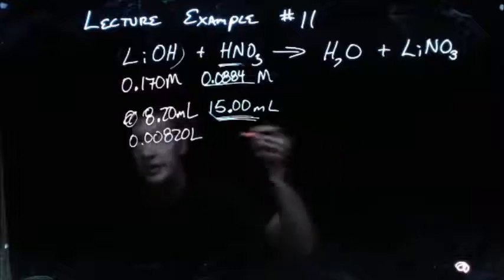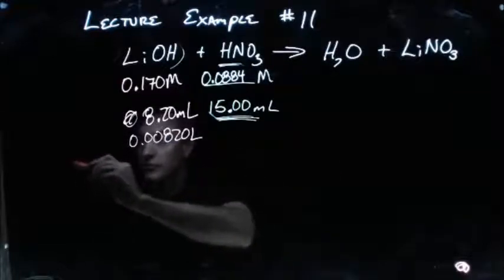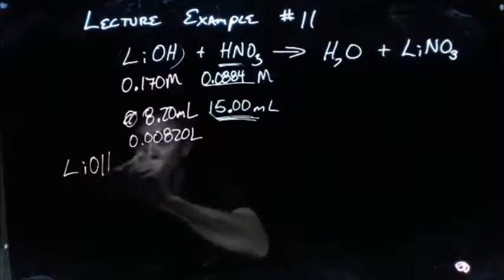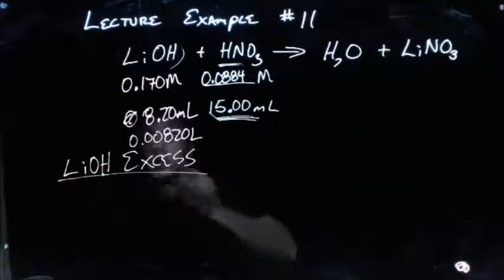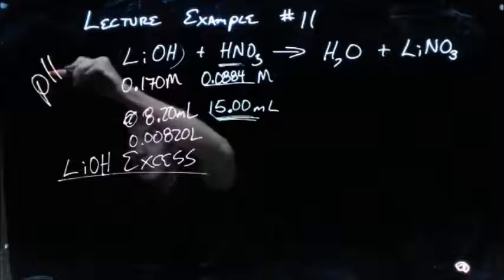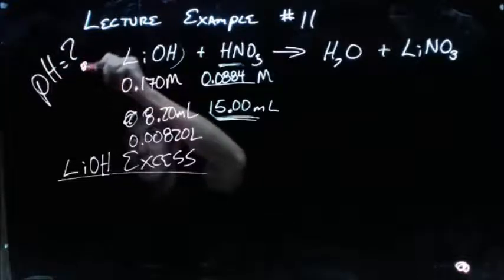Now what do we know from this? We know that the lithium hydroxide is now in excess. And what we're trying to determine, just like in part B, is the pH.